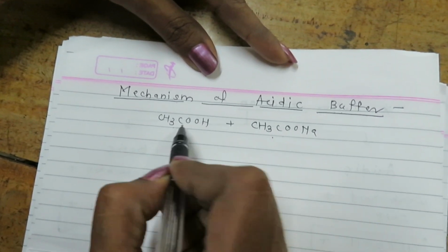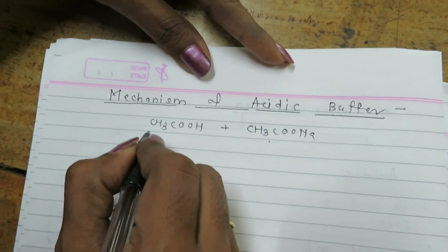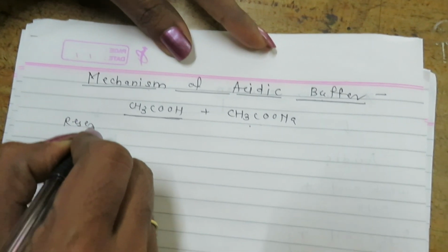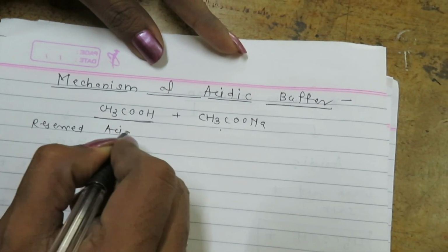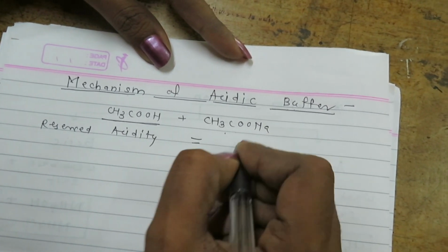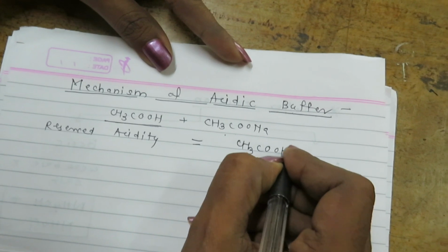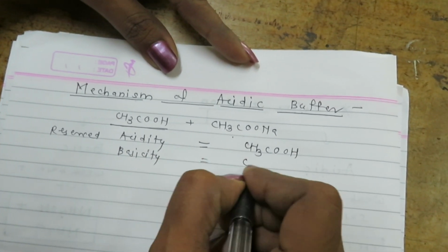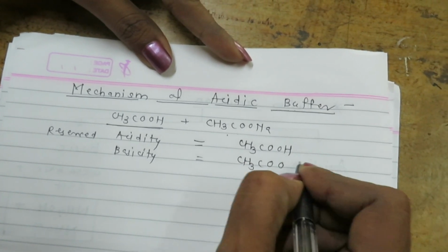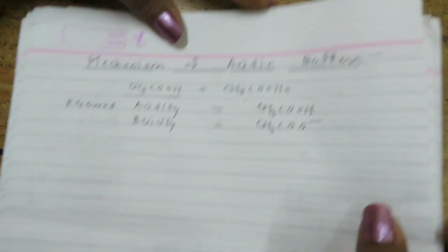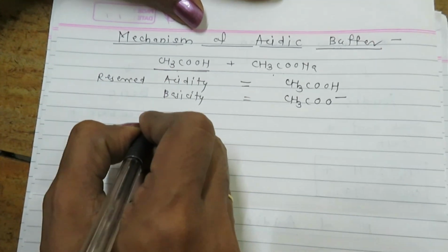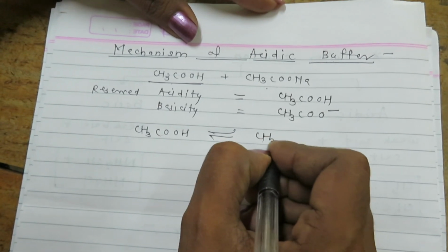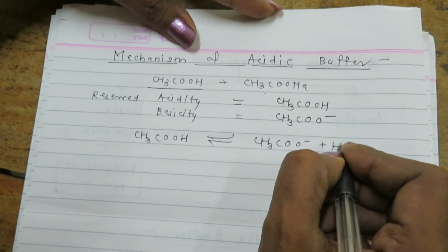Now we will consider their mechanism, what exactly happens. For this kind of buffer, the reserved acidity is CH3COOH and reserved basicity is CH3COO minus. This weak acid dissociates partly into CH3COO minus and H plus.